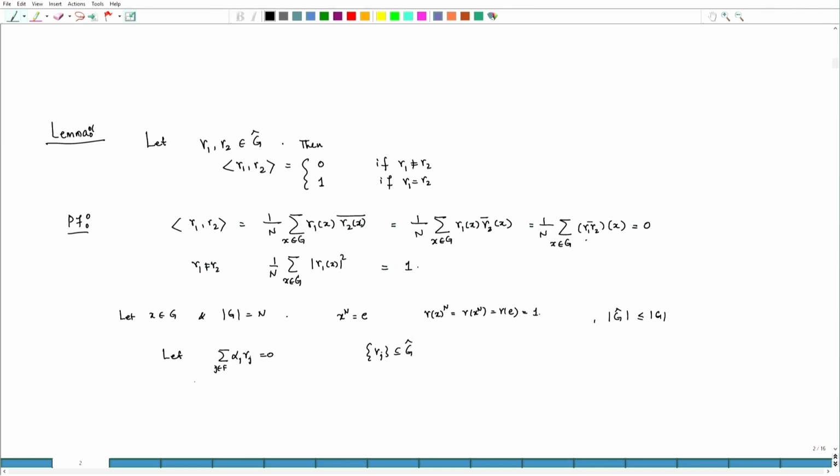Then we take the summation over j in some finite set of alpha j gamma j, and take the inner product with some gamma k. Then this is nothing but alpha k by the orthogonality relation. Now, this is 0. Therefore, each of these alpha k is 0, therefore the gamma j are linearly independent.